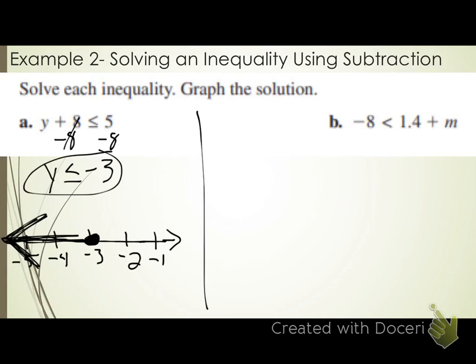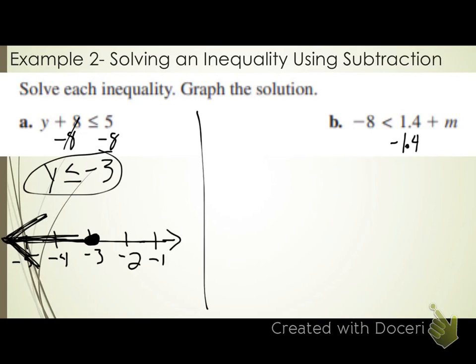2B. -8 is less than 1.4 plus m. How would I get m by itself in this case? -8's already by itself.